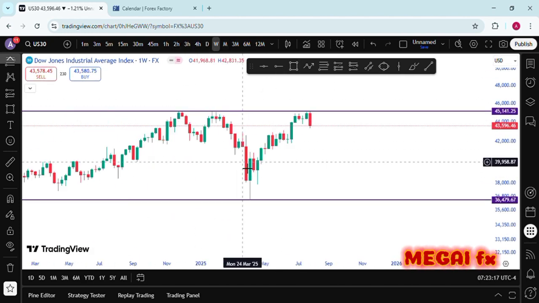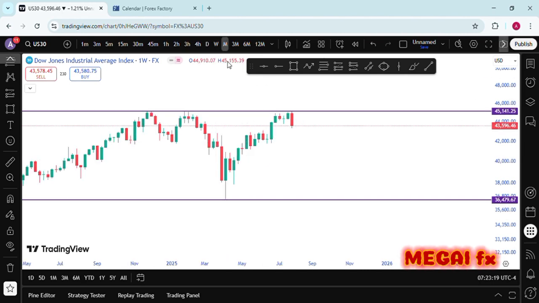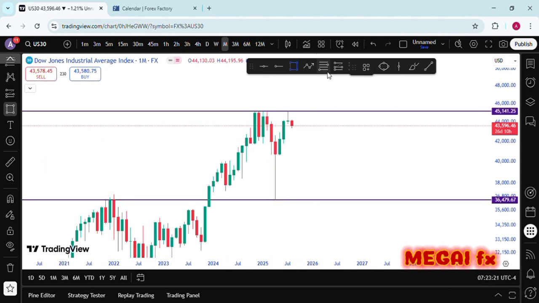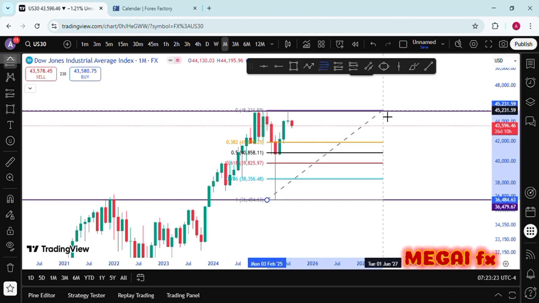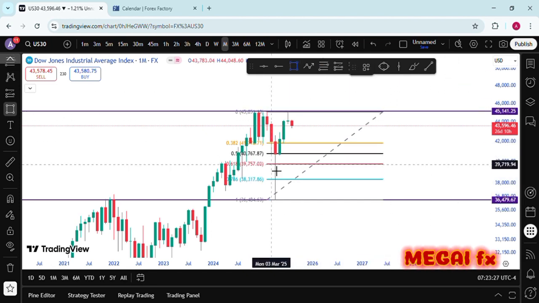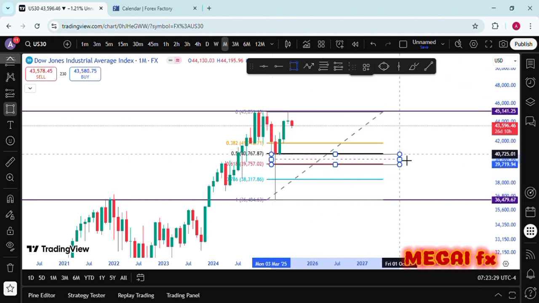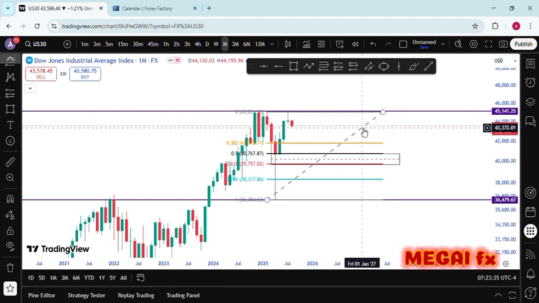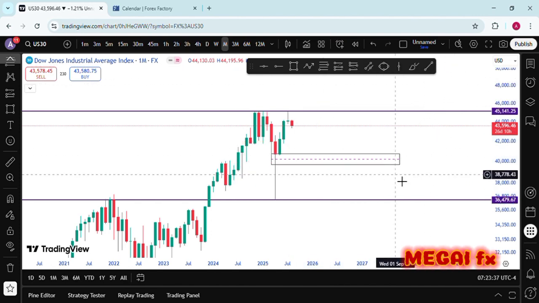Let me go to weekly. Okay, monthly, maybe 50% of this move. 50%. So where I should be looking for continuation to the upside should be here between 0.6 and 0.5 Fibonacci level. Let me take this out.